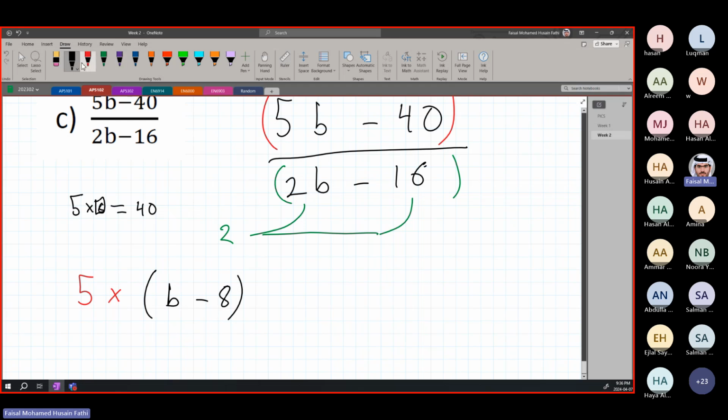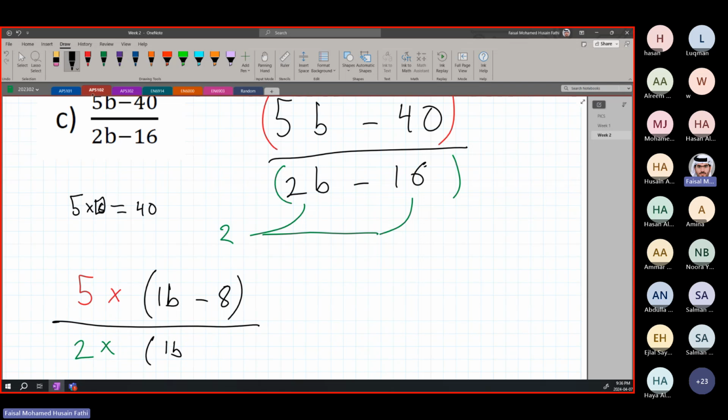Same thing we will do now for the denominator. At the bottom, we can take the 2 as a common factor out from each. So it's 2 times, again 2 times what? 2 times 1 gives you 2, so this is just going to be 1b. Same as here, this was 1b. Minus 16, 2 times what gives you 16? It is again 8.